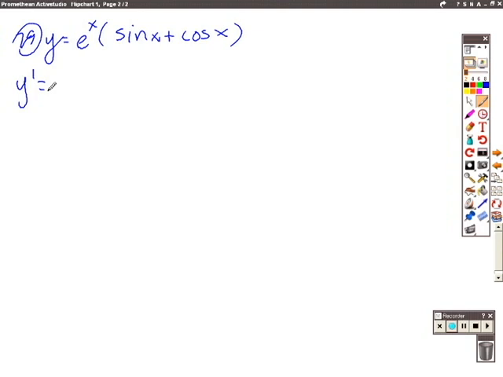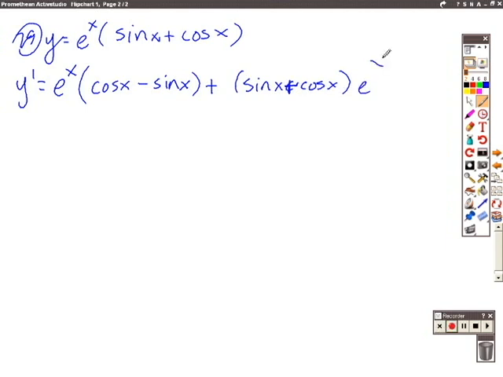So I'll have the first function, e to the x, times the derivative of the second. The derivative of sine is cosine, and the derivative of cosine is negative sine x. Plus the second, sine x plus cosine x, times the derivative of the first, and the derivative of e to the x is simply e to the x.